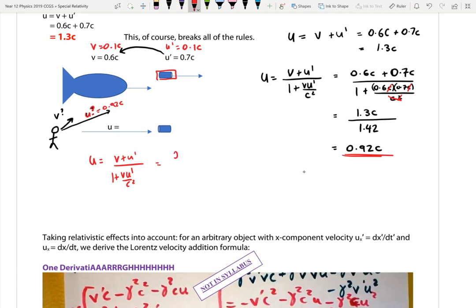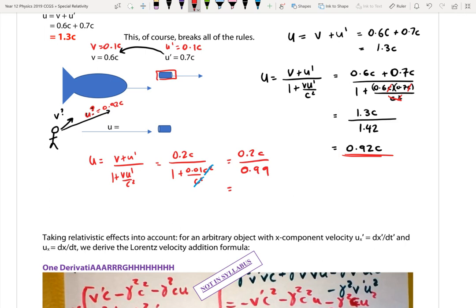So obviously we're going to get 0.2c on top, but now 0.1 times 0.1, look what's happened. That's now going to become significant. It becomes 0.2c over 0.99, which does in fact change the speed that we observe it at.